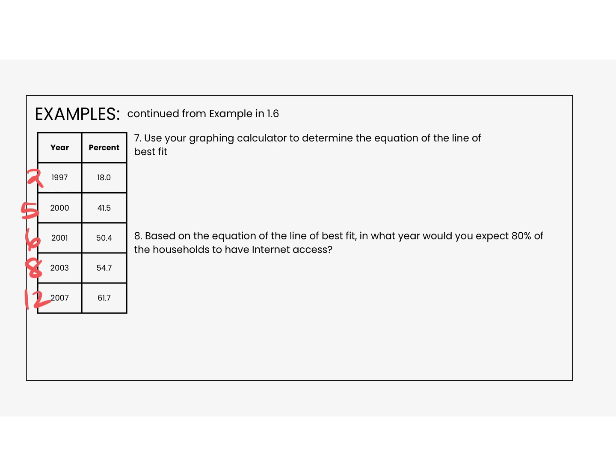I'm going to perform my linear regression, and the equation that it's going to give you is y equals 4.17x plus 17.72. So we weren't totally far off, but this line will be more accurate than what we predicted in the beginning of 1.6.